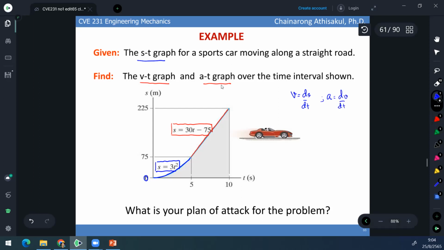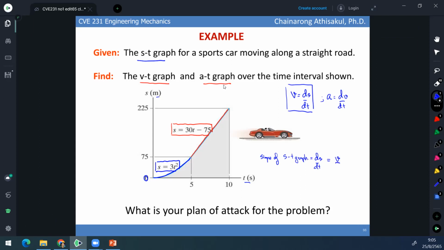In this case, we have the s-t graph and would like to find v-t, so we use this relationship: the slope of the s-t graph, dS by dt, is equal to v, the velocity at any time. So we just find the slope.